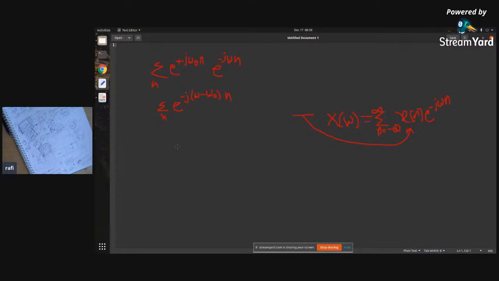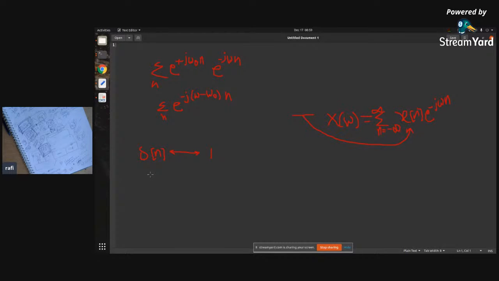This sum is actually difficult to calculate because it is varying from minus infinity to infinity. So what we do is we use one thing called the duality property. We already calculated the DTFT of delta of n, and it is 1.